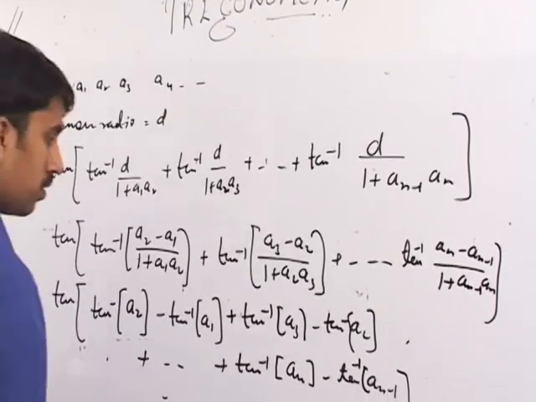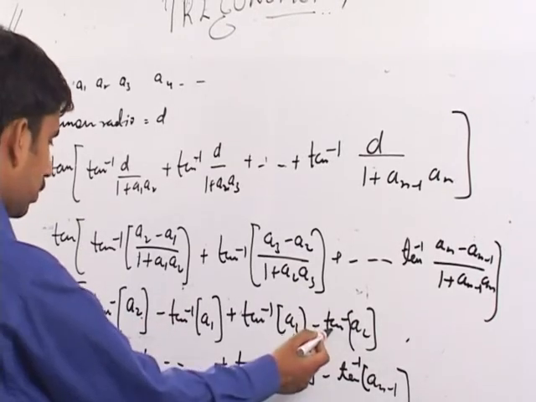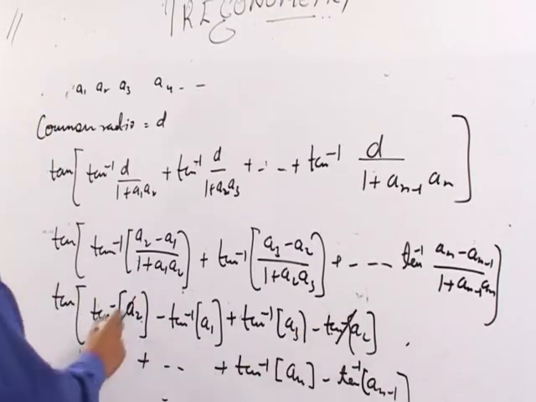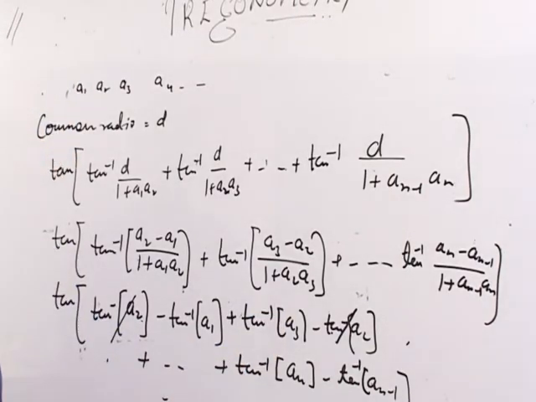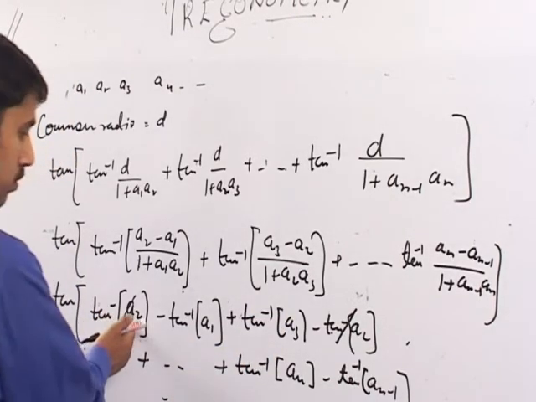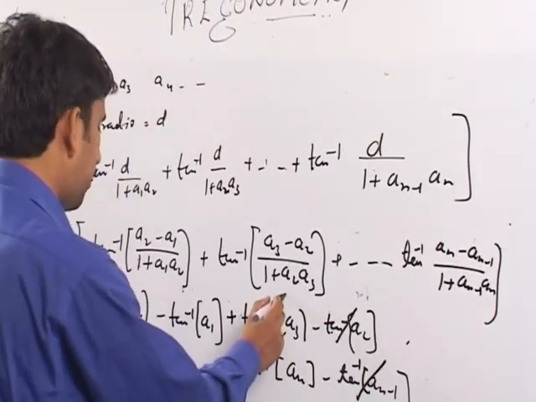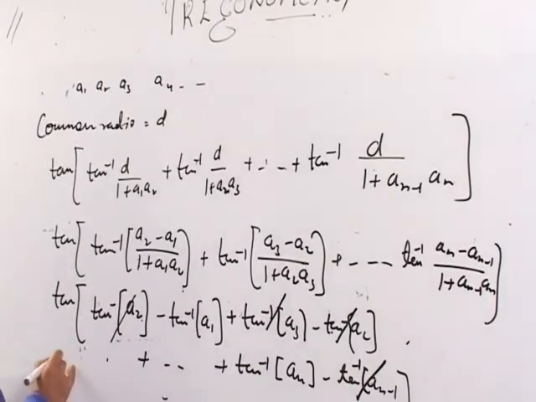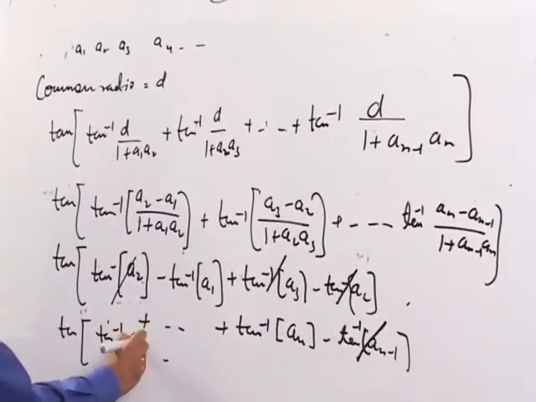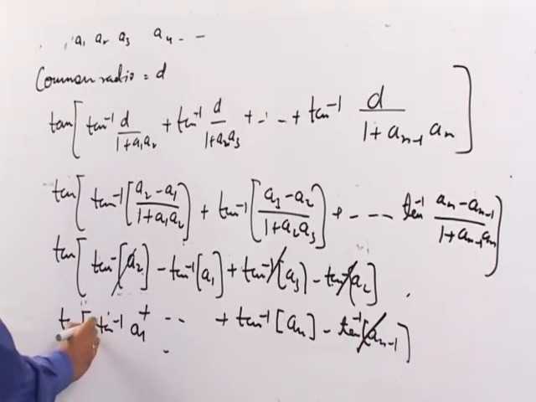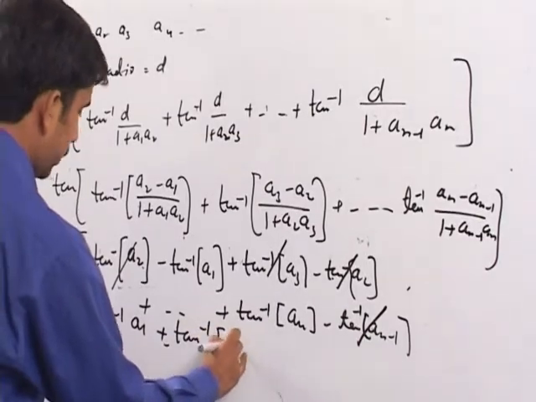Now this term tan A2 and tan A2 will be cancelled out. Similarly, tan A3 will be cancelled out, and the first term and the last term of the expression remain. So you are left with tan of negative tan inverse A1 plus tan inverse an.